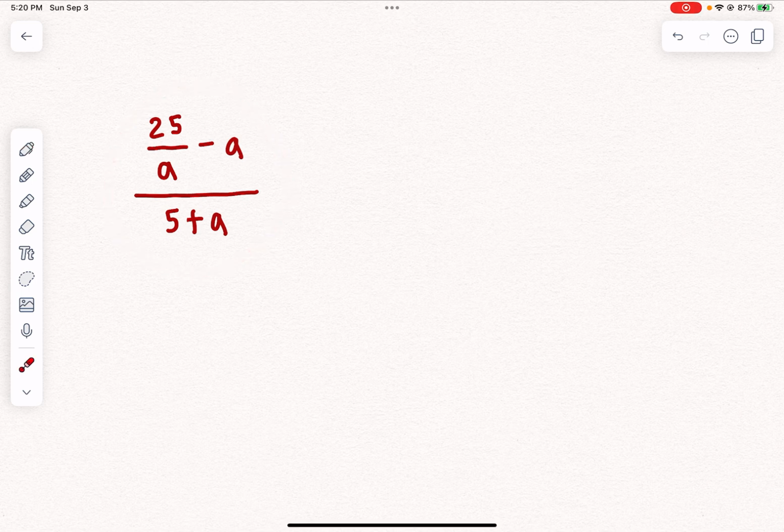Now I'm going to go over the second way of simplifying this expression. The second way is to look at both the numerator and the denominator. And the idea here is you want to multiply the numerator and the denominator of this fraction by a common denominator. So let me write that down.